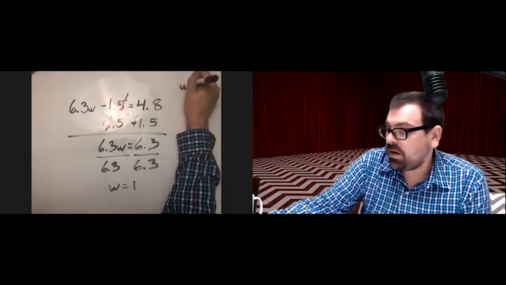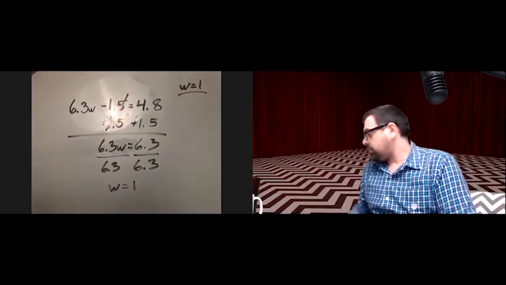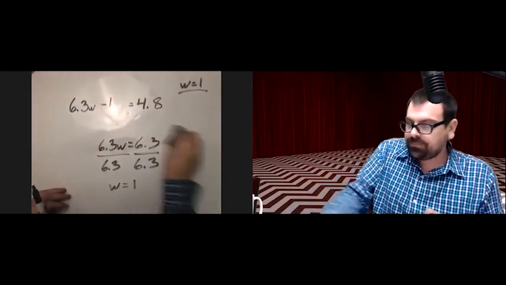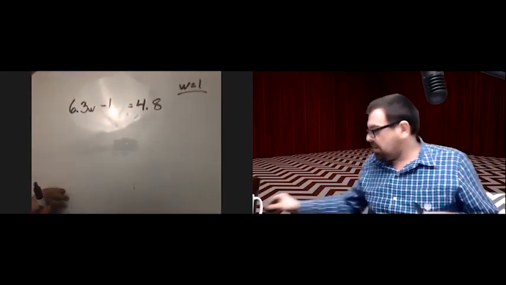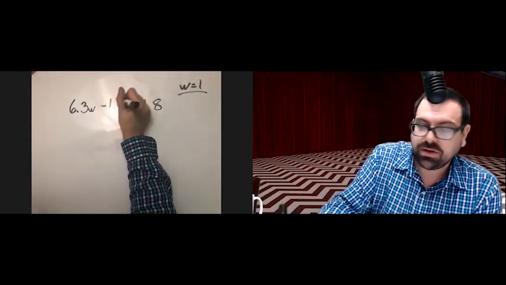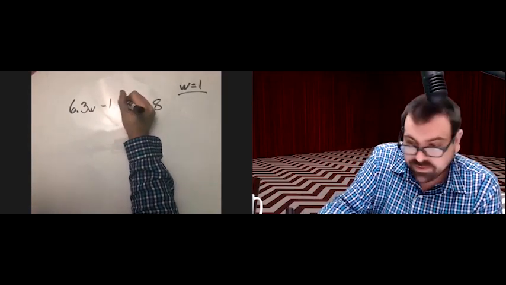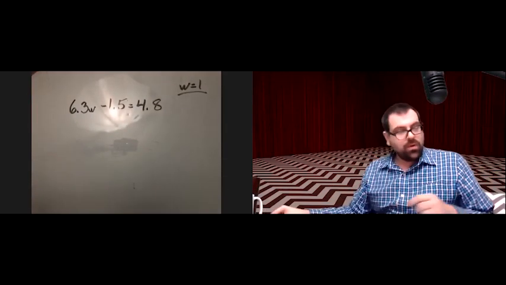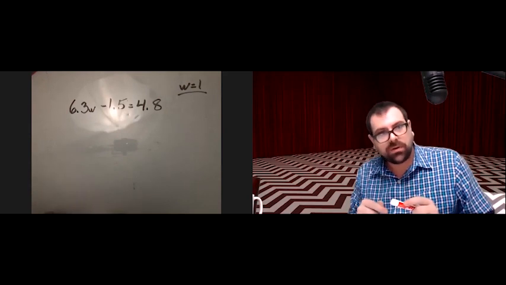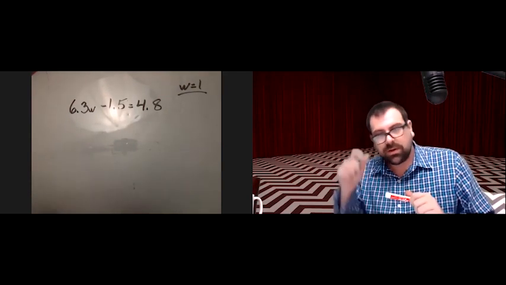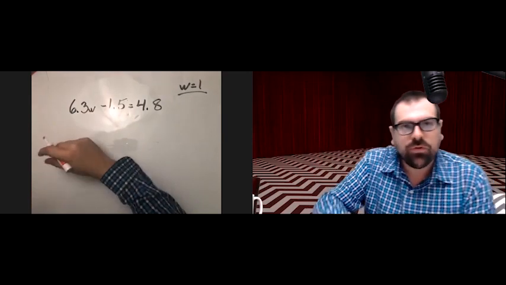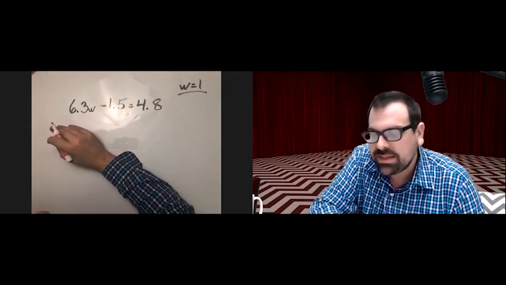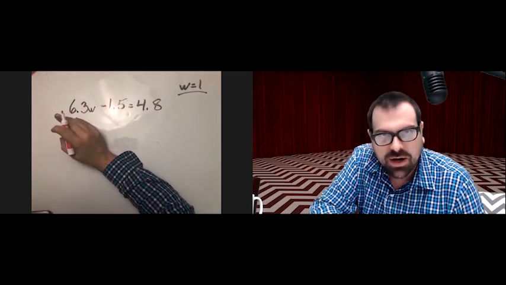But let's see how we can get that same answer without doing any work with decimals at all. So same problem, minus 1.5. We can go to every term, every single term, and move the decimal point by the number of times it would take to get rid of all decimals in the problem.